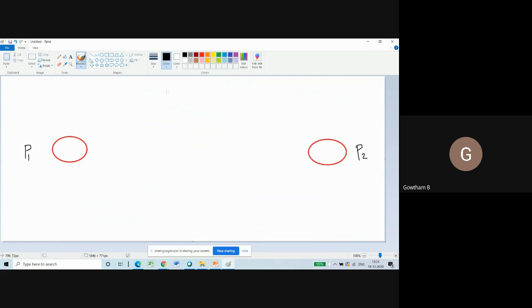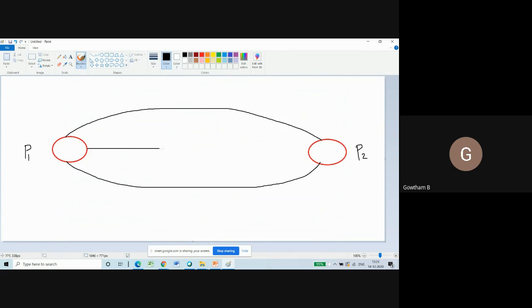Let me take that, in order to travel from place number 1 to place number 2, three roads are available like this. This is road 1, this is road 2, and this is road number 3.